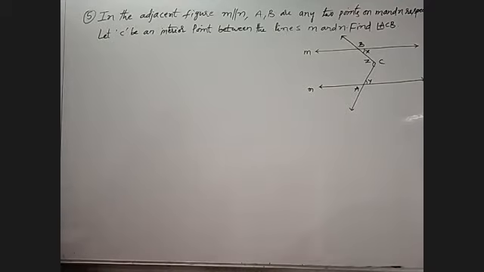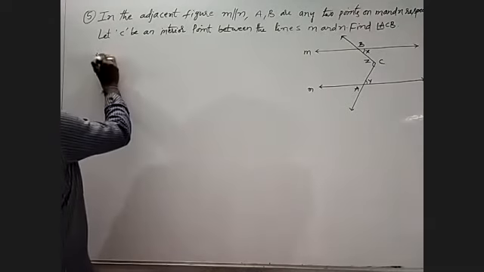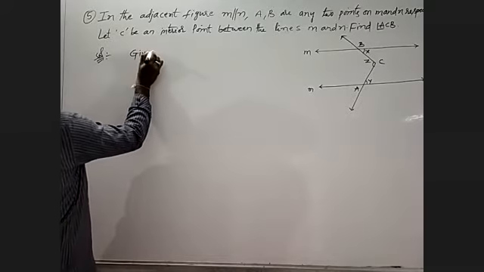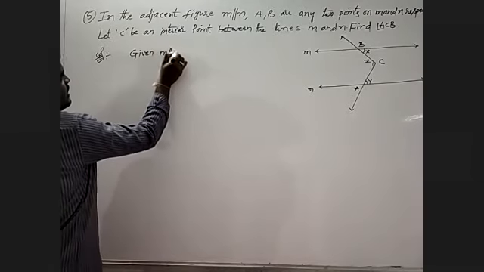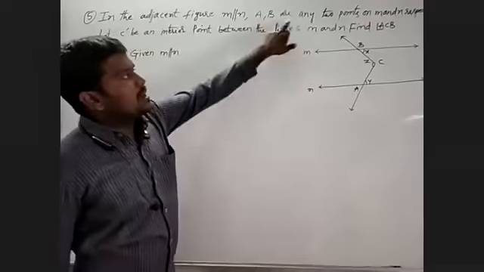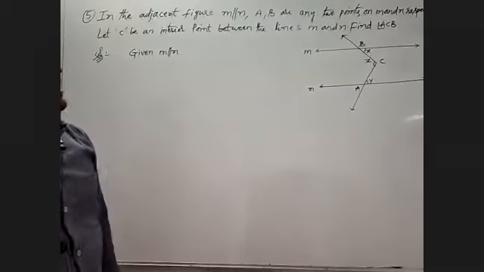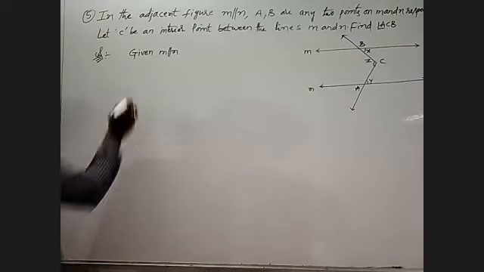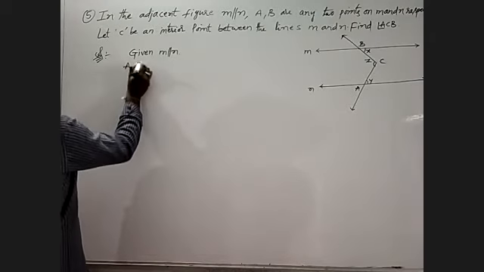Observe what is given in this problem. M is parallel to N, and also A, B are any 2 points on M and N respectively.